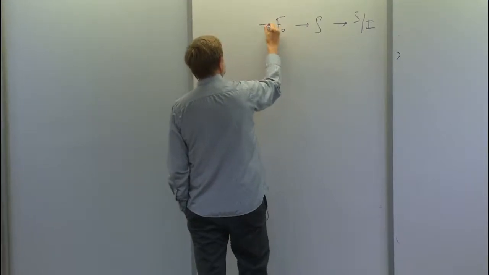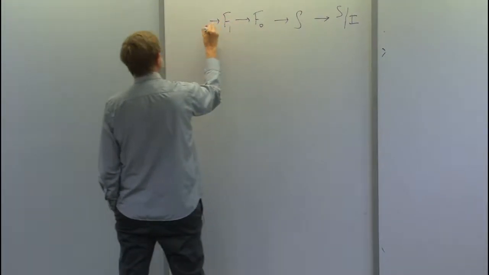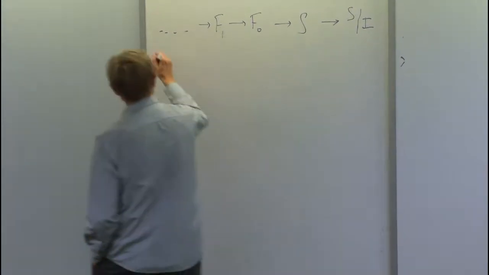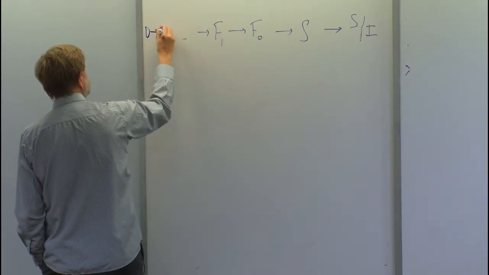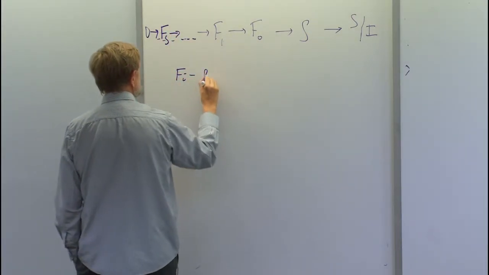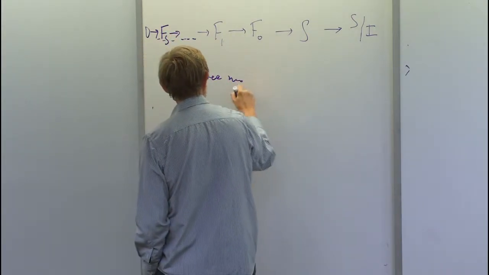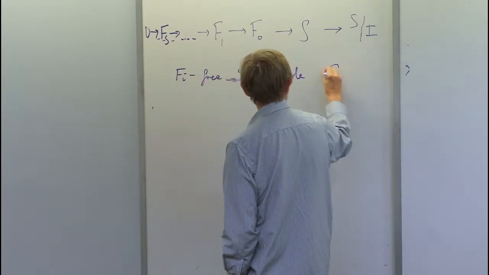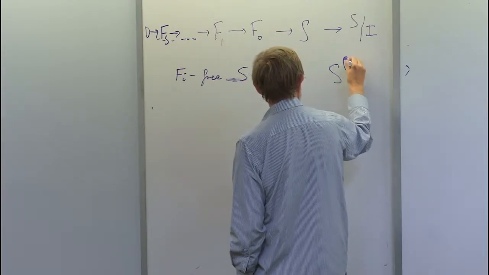So basically, there will be a sequence of free modules, and actually finite by Hilbert's syzygy theorem. So Fi is a free S-module, really S to some power beta i.